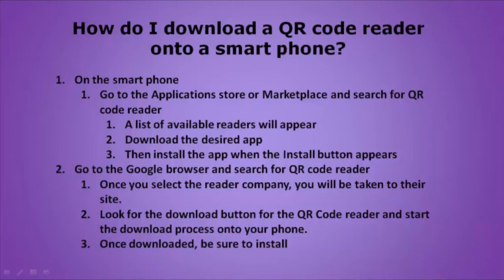The other way to do this on your smartphone is to go to the Google browser and search for QR code reader again, and then a list of companies will come up that produce these. Then you'll select one and be taken to their site. Once on their site, look for the download button for the QR code reader and start the download process. Once it's downloaded, be sure to find the install button and install it.